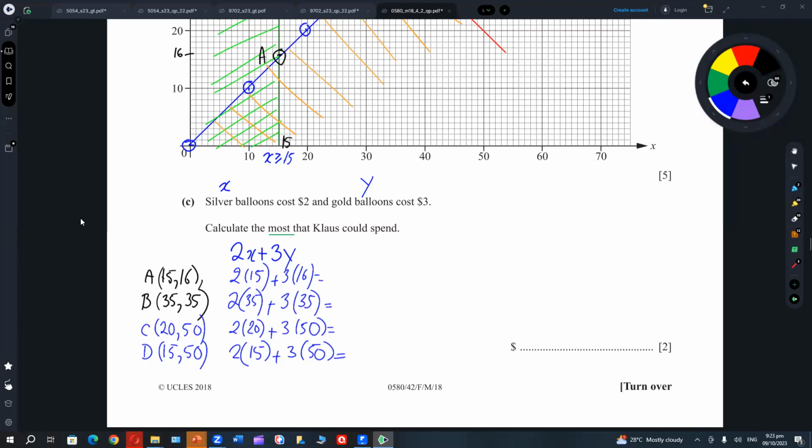So the first answer is 78. Then the second one is 175.